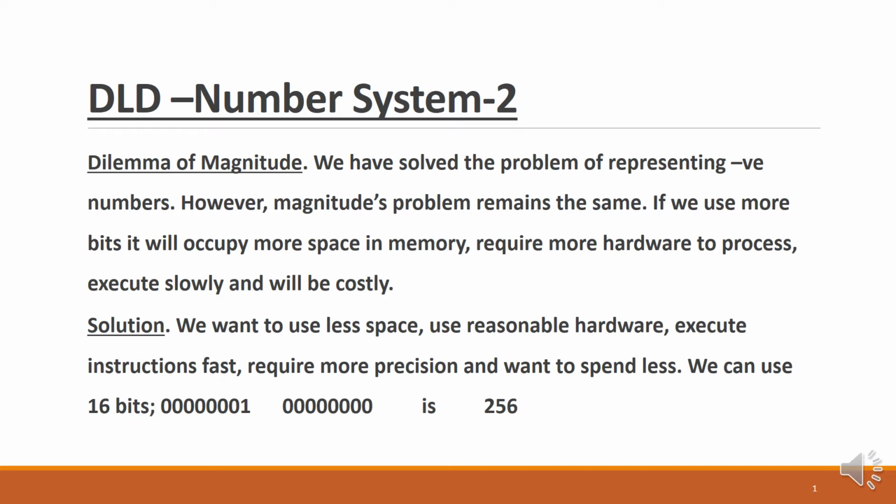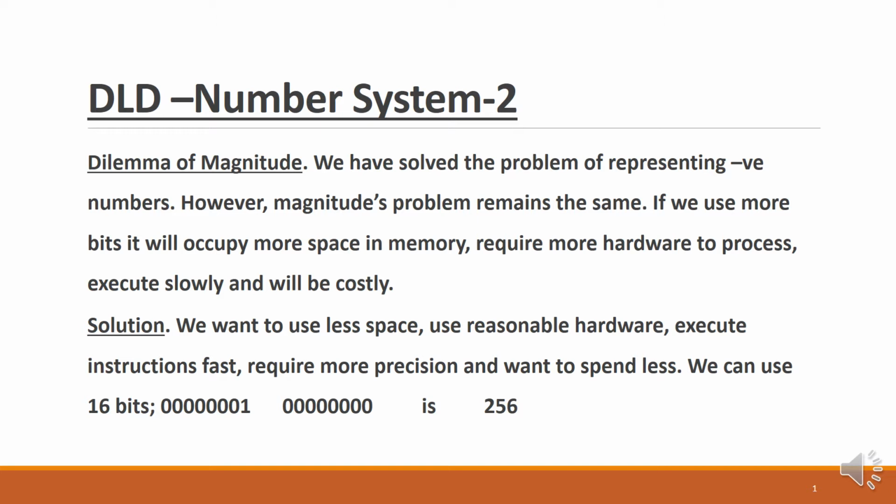So then what is the solution? The solution is that we want to use less space, we want to use reasonable hardware, execute the instruction fast, require more precision, and also we want to spend less. So then we use the 16-bit format. If you see the diagram and the numbers there, 7 zeros, 1, and then 8 zeros.